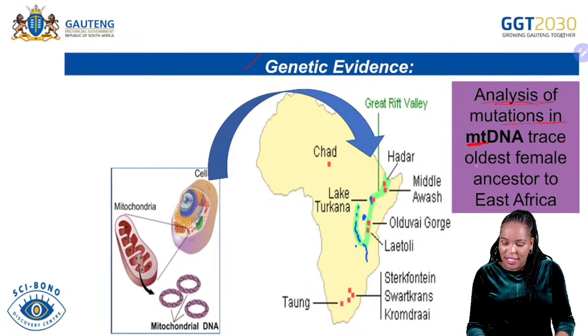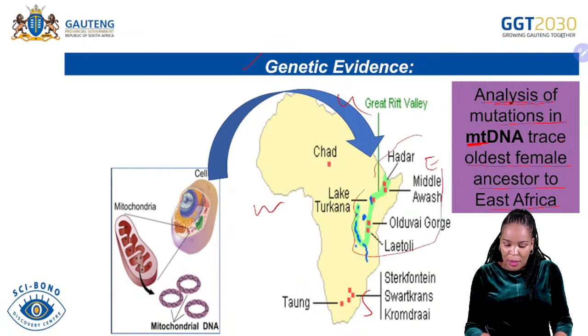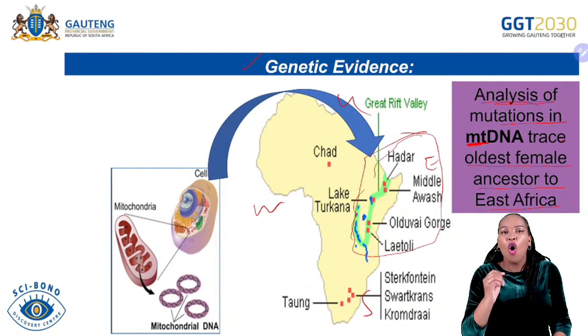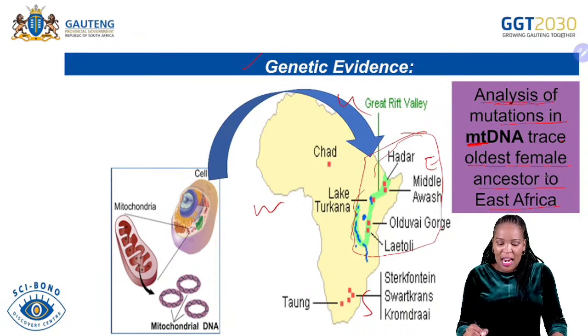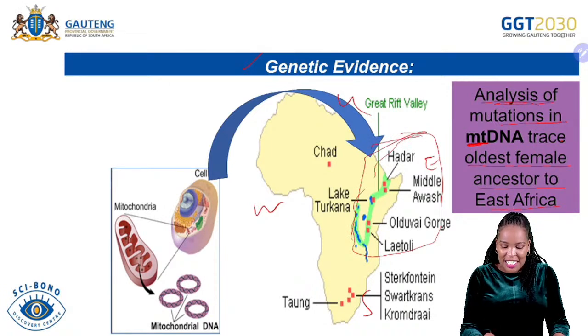So they traced the oldest female ancestor to East Africa. So here will be our East, remember North, East, West, South. So this is our Eastern Africa. So on the East here, they find that the oldest female ancestor was found in Africa.